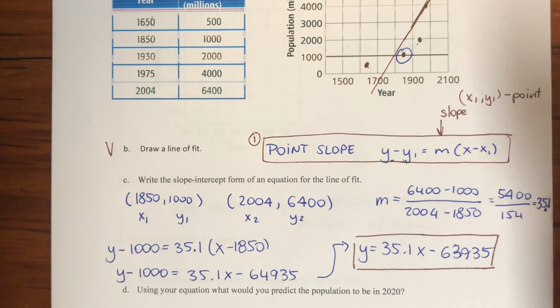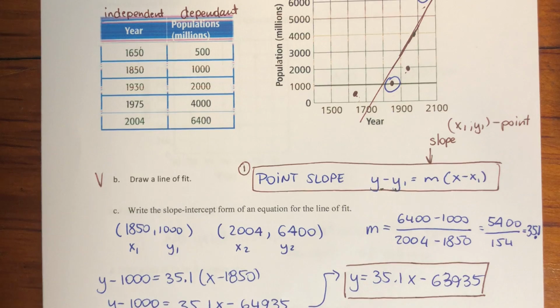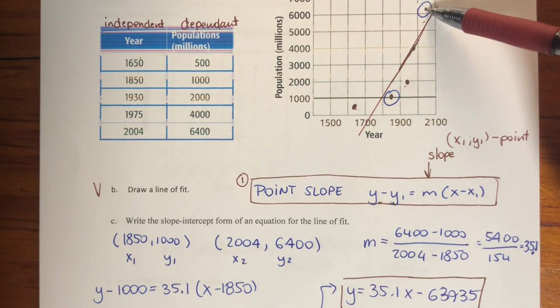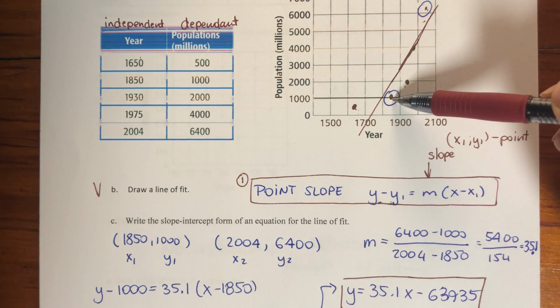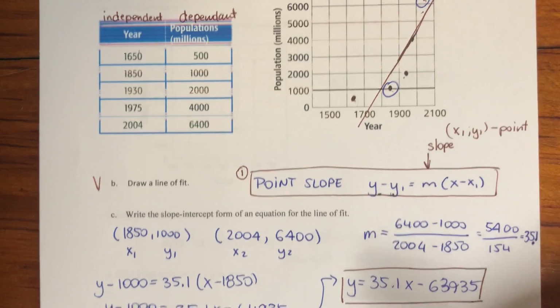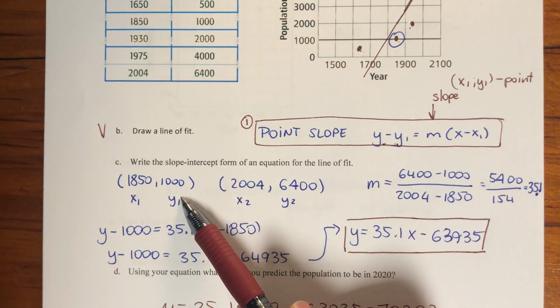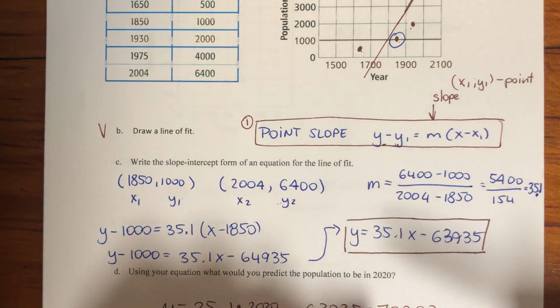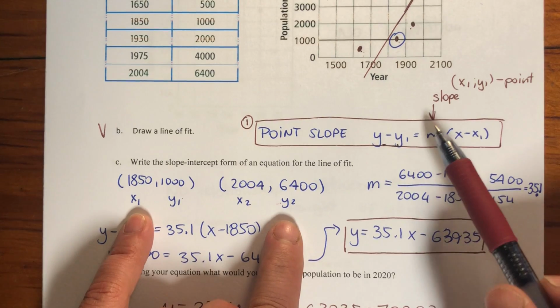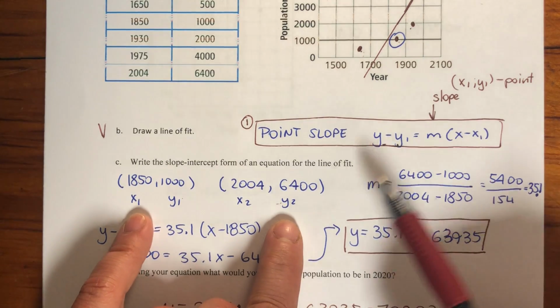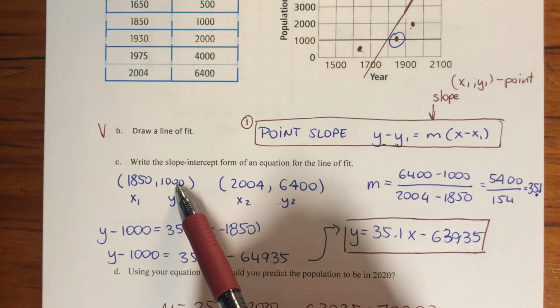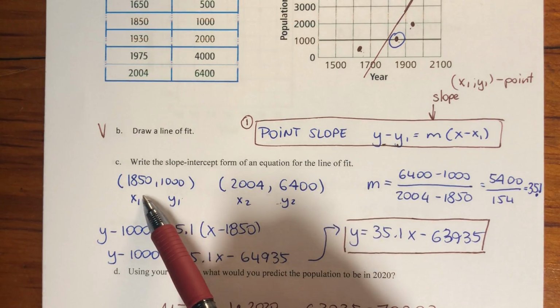So the two points that I want to use for writing my equation, I will take this one and this one. And the coordinates of those two points are listed right in here. So if you take a look, the first thing that we need to do is find the slope. To find the slope, we'll find the change in y values over the change in x values.